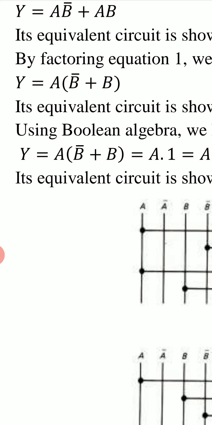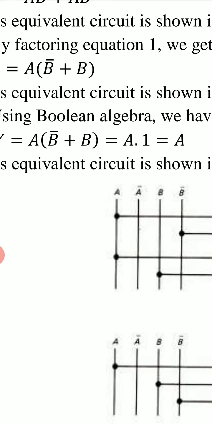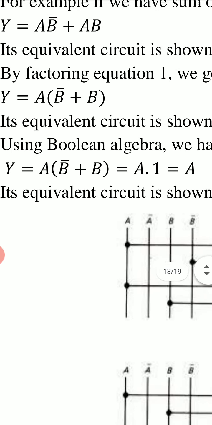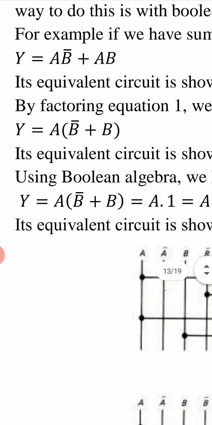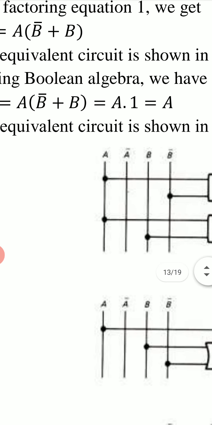So we have A into B bar plus B equal to A dot 1, and A dot 1 is equal to A. So this expression Y equal to A B bar plus AB will be simplified to simply Y equal to A.